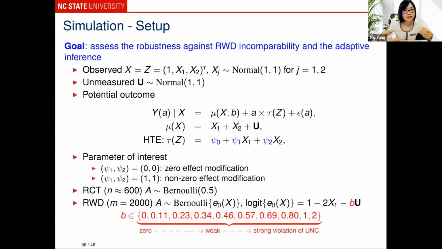And I indeed conducted simulation studies to assess the robustness against the RWD incompatibility, and also the performance of the adaptive confidence interval. I will skip the details, but the finding is that we create various scenarios where we have a zero, weak, or strong violation of the no-unmeasured-confounding assumption in RWD.